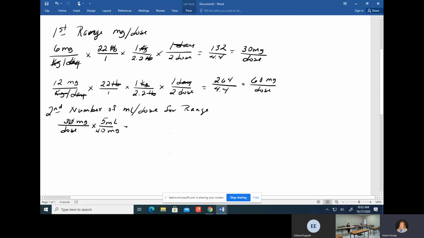I'm going to cancel some zeros here. 3 times 5 is 15 divided by 4, and I get 3.75 milliliters. That's my minimum amount.